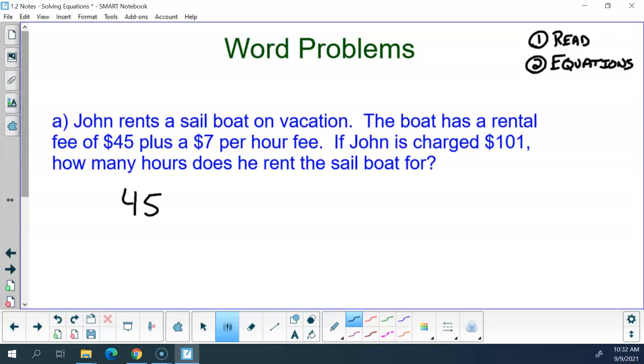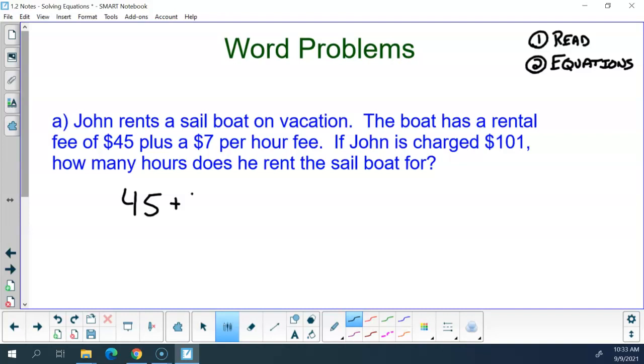Plus a $7 per hour fee. Okay? So we got to come up with a variable here because we don't know how many hours that he's rented it for. So what do we want to use for hours? X. Okay, that's fine. So that's going to be plus what? 7x.